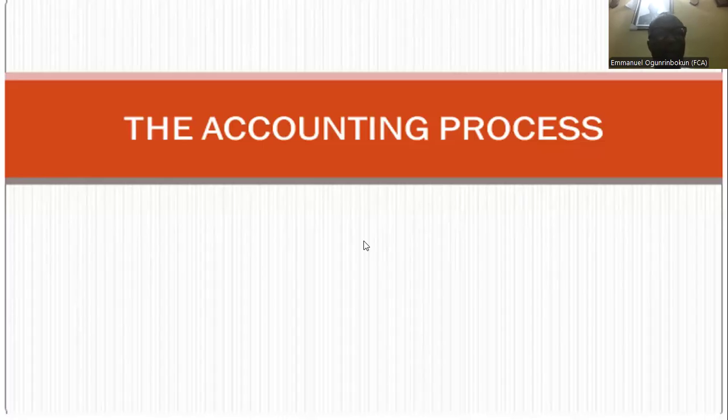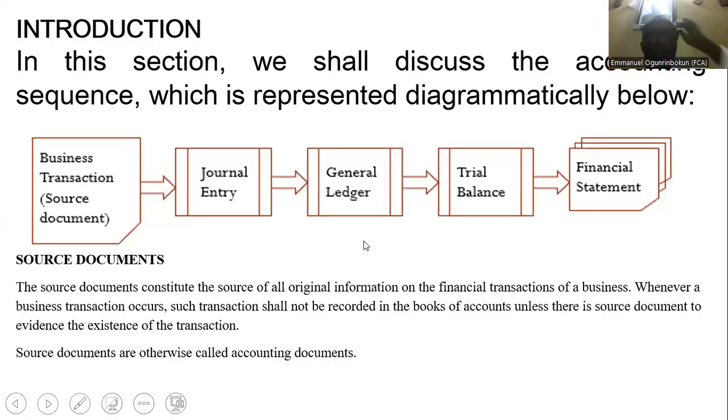When we talk about accounting process, it talks about the stages in which accounting transactions are recorded. We start from what we call the business transaction, where you have all the source documents, the journal entry, general ledger, the trial balance, and the final account. All these processes are what we would consider when we are talking about accounting process.